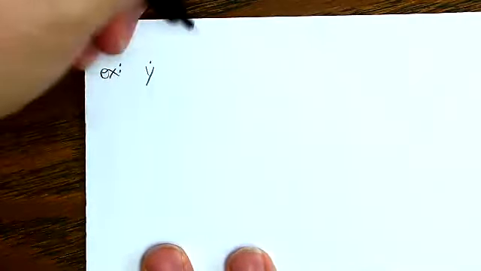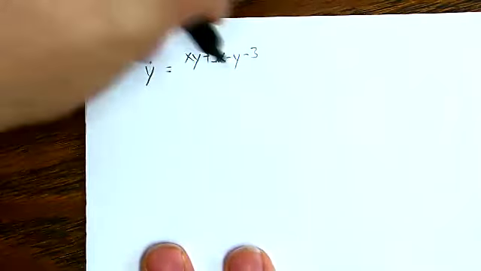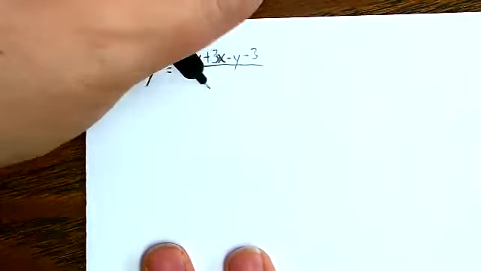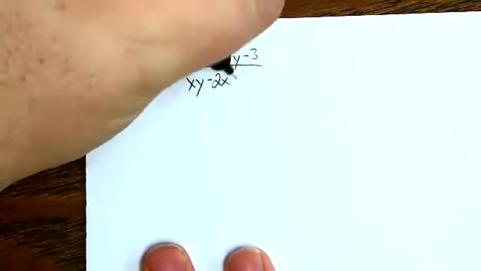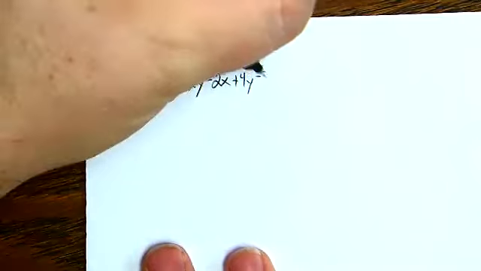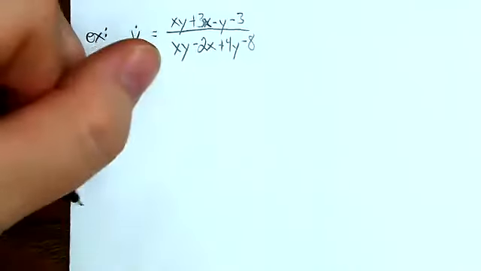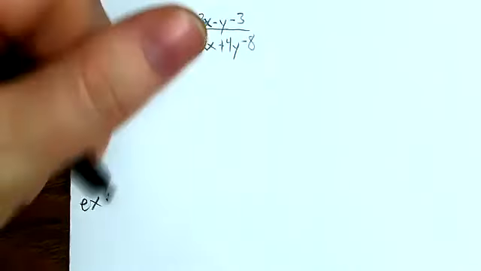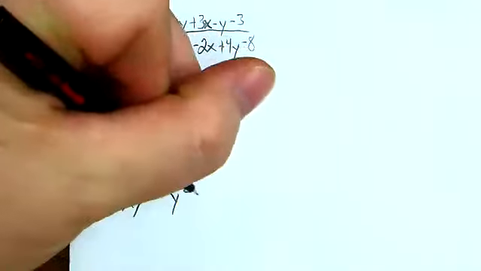Try y dot equals xy plus 3x minus y minus 3 over xy minus 2x plus 4y minus 8. And try xy dot is equal to y squared minus y.